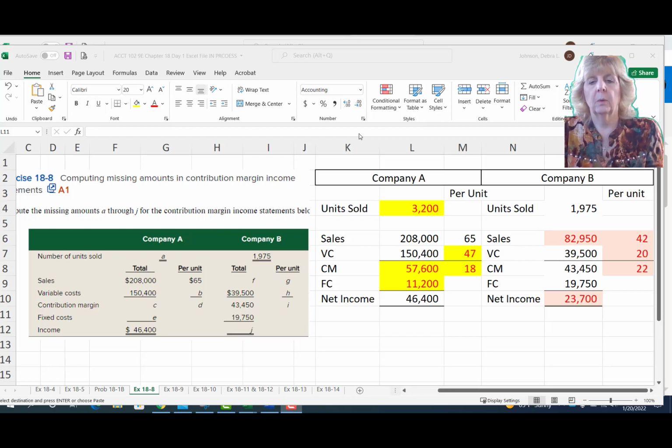Then I could do simple subtraction on the contribution margin line item. And finally, because I was able to calculate the contribution margin and I knew what net income was, I could take the difference to compute the fixed costs.